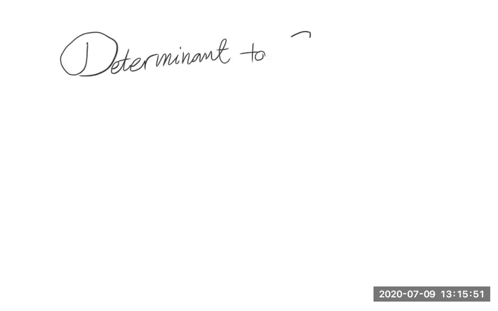So now we can use what we saw about determinants to compute cross product. How is that?